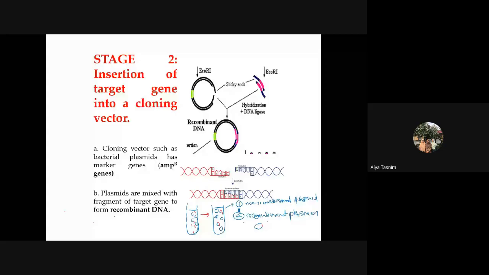Okay, ingat tu je. So recombinant plasmid awak boleh assume dia may contain gene of interest and it may not contain gene of interest. Bukan semua DNA fragment ada gene of interest.